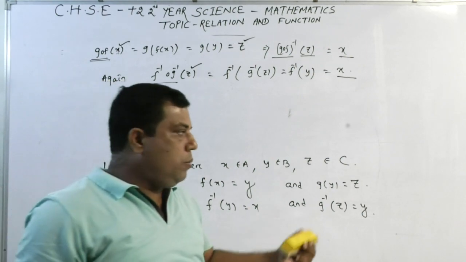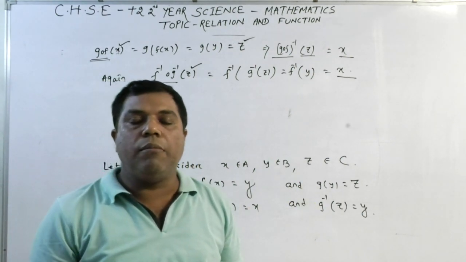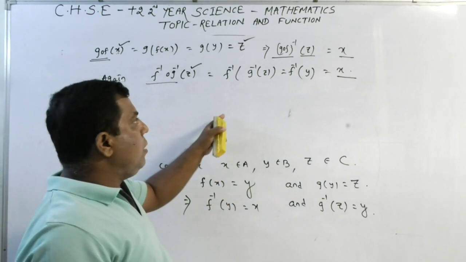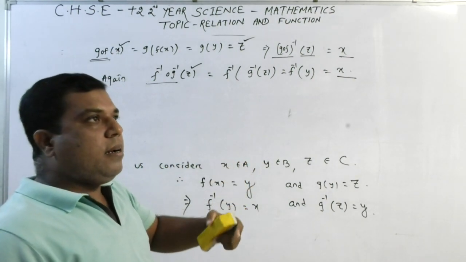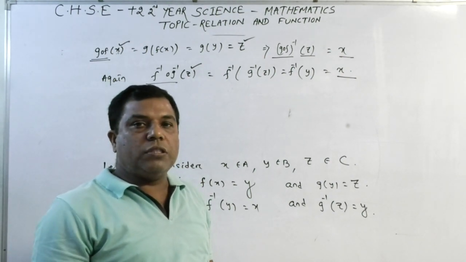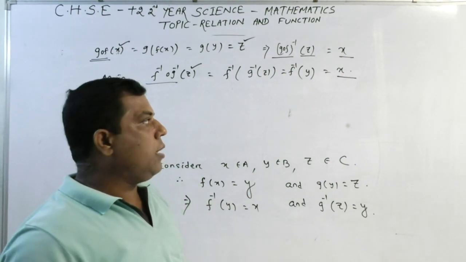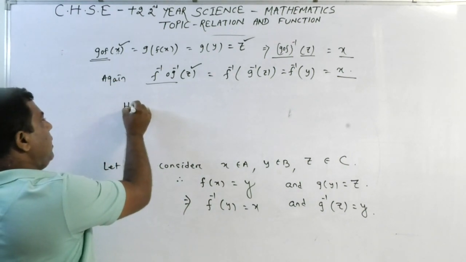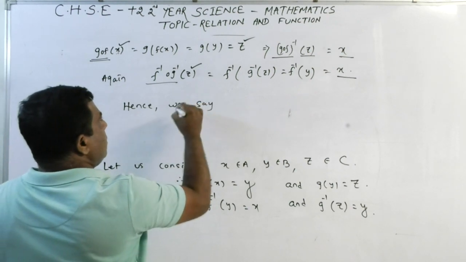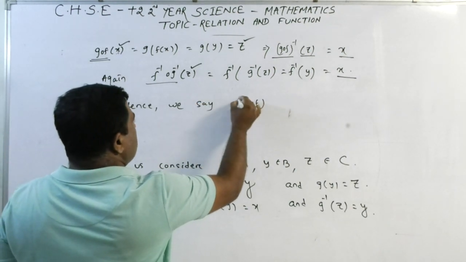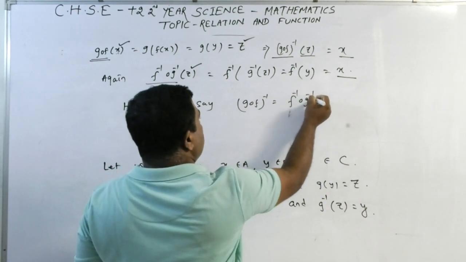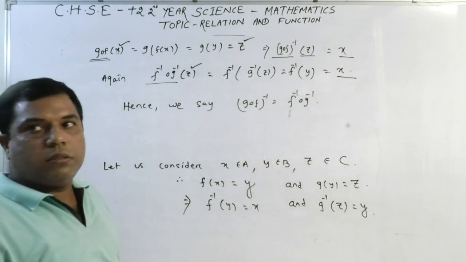And both are having the same domain and same codomain. Yes or no? So from here it is clear that though the representations are different, the functions are equal with each other. Hence we say (g∘f) inverse is equal to f inverse operated on g inverse.